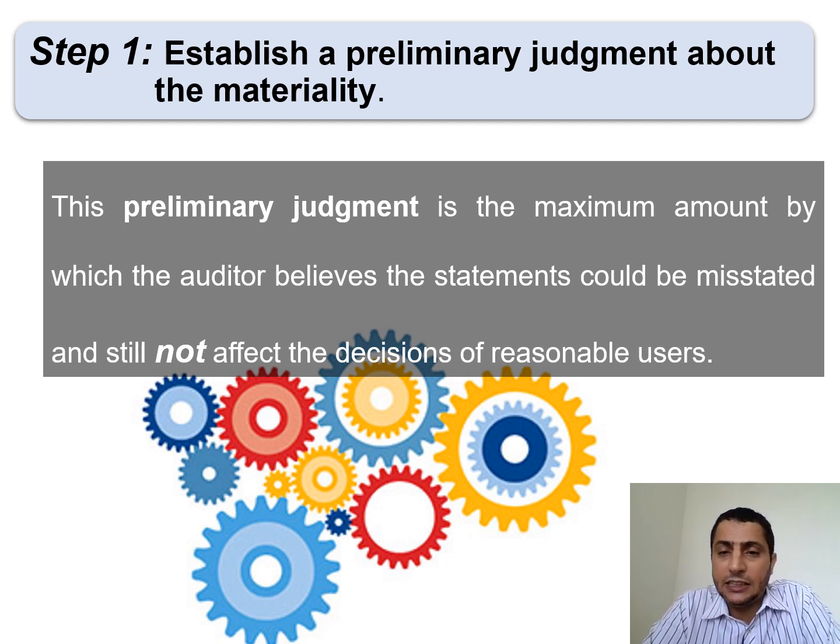Preliminary judgment is the maximum amount by which the auditor believes that the statement could be misstated, that means the financial statement has misstatement within its figures but still does not affect the decision of reasonable users. Means it's not influencing the decision makers of the financial statement.